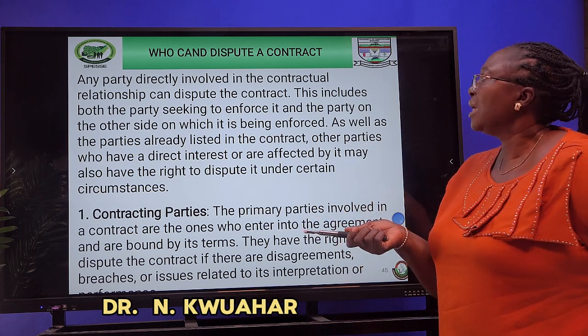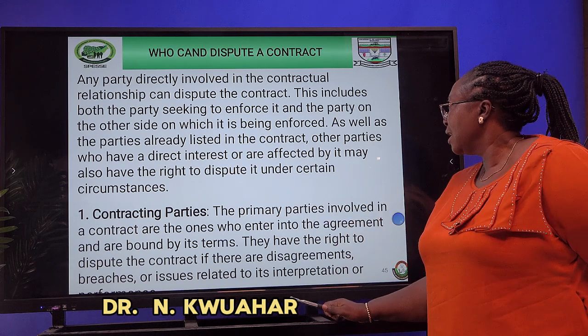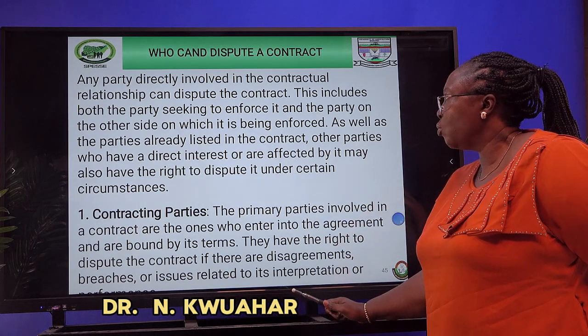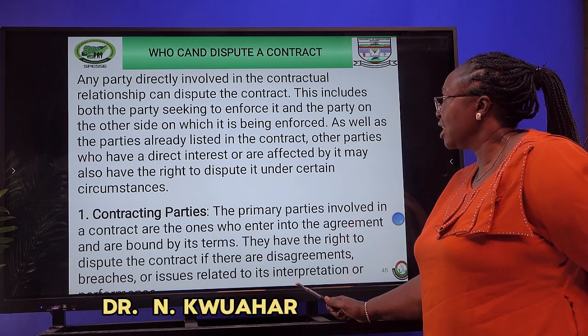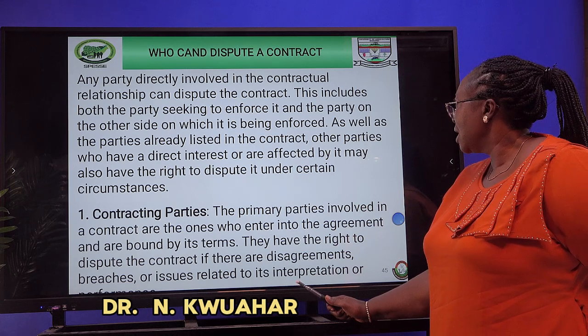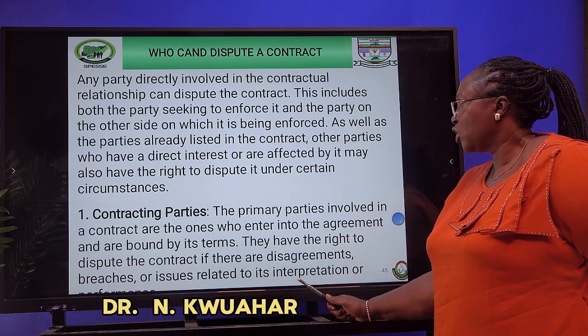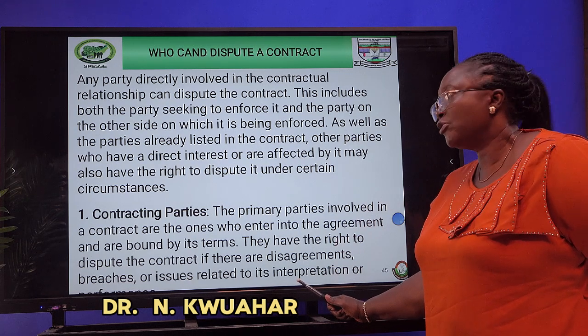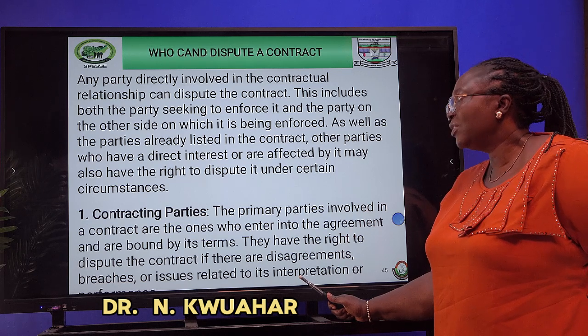And these parties, both the party seeking to enforce it and the party on the other side on which it is being enforced, either of these parties can dispute a contract, as well as the parties that are already listed in the contract. Other parties who have a direct interest or are affected by it may also have the right.